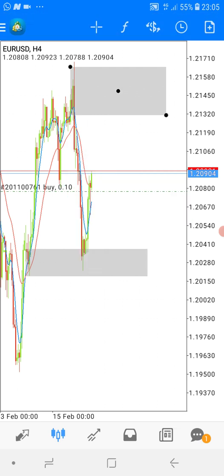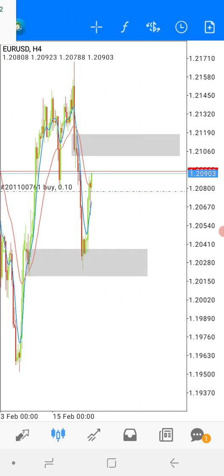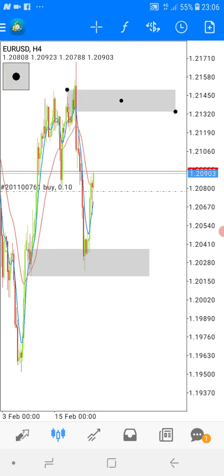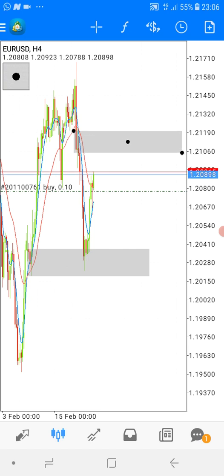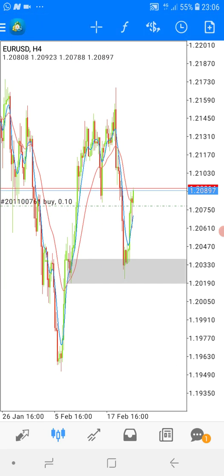If not, I'll just target this zone right here, and I'll be trailing my stop till we get to that zone at the very top. But in case we don't get there, I'll just take my take profit there.